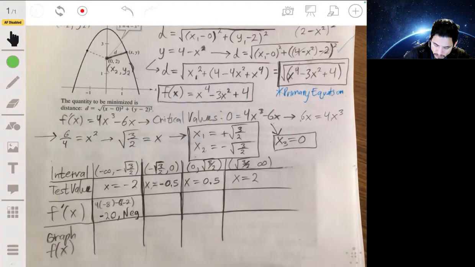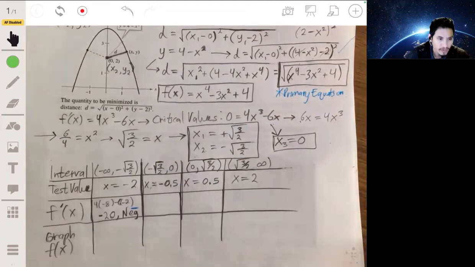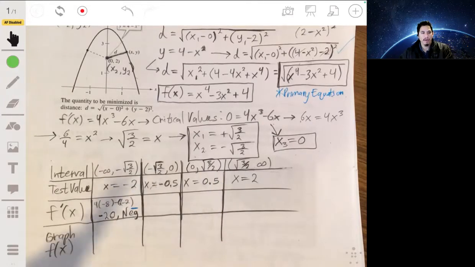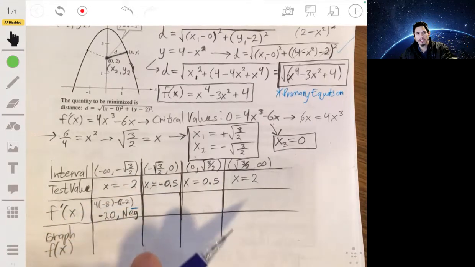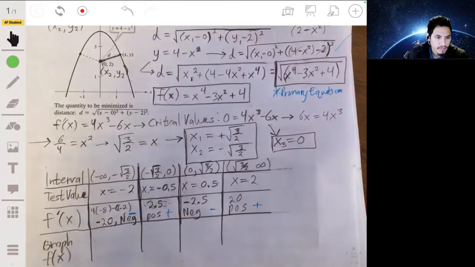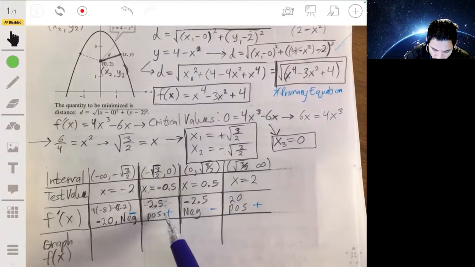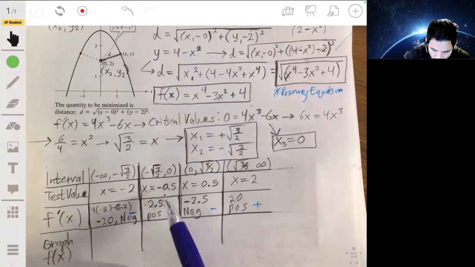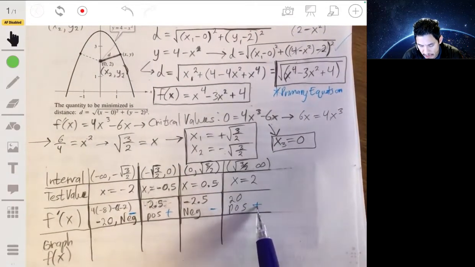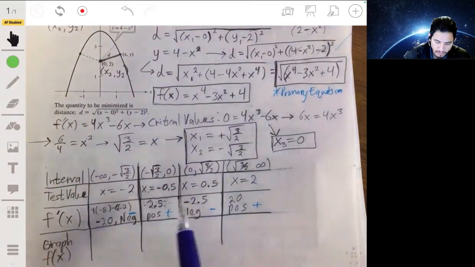So I'm gonna time travel right now, so you can go ahead and pause the video and then evaluate this. You can check your answers. Once you're ready to check your answers, unpause it. Okay, so you should get a positive value for the derivative when x is negative 0.5, a negative when x is 0.5, and a positive when x equals 2.